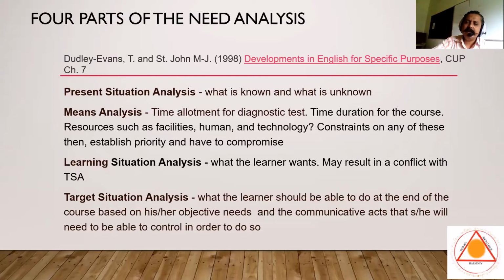I may say, okay, I need to attend communication skills classes, but my need is to improve only how to speak and how to speak effectively. So that's what he needs.